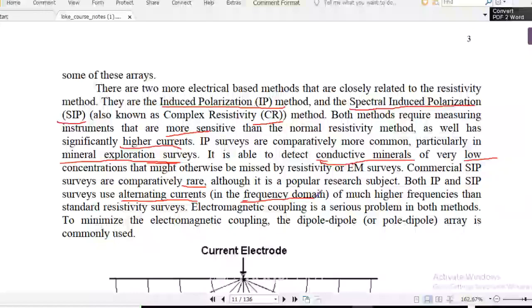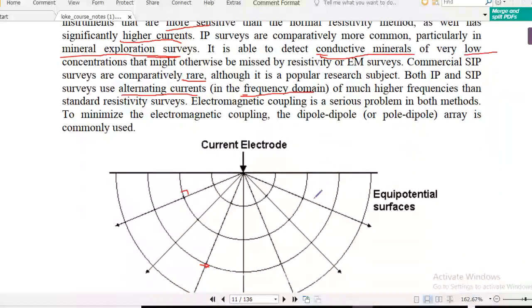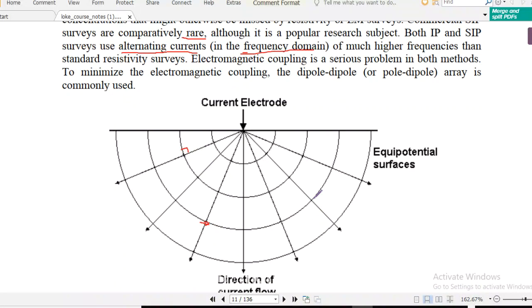Electromagnetic coupling is a serious problem in both methods. To minimize electromagnetic coupling, the dipole-dipole or pole-dipole array is commonly used. Why use a dipole-dipole or pole-dipole array? Because to minimize electromagnetic coupling.